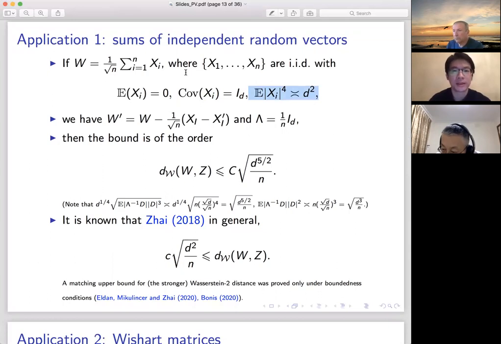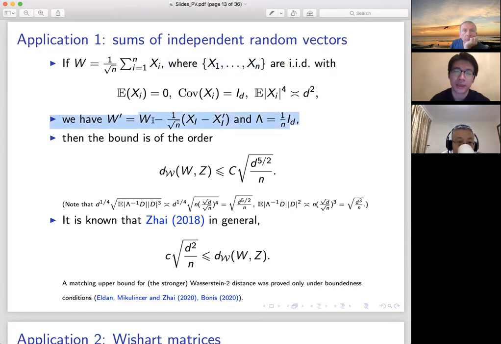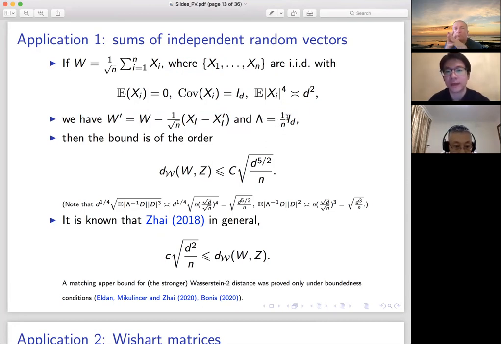It turns out that for the multivariate case, the exchangeable pair can be constructed exactly the same as in the one-dimensional case, by replacing one summand in W by an independent copy. And it can be verified that the linearity condition is satisfied with coefficient matrix lambda equal to 1/n times the identity matrix.